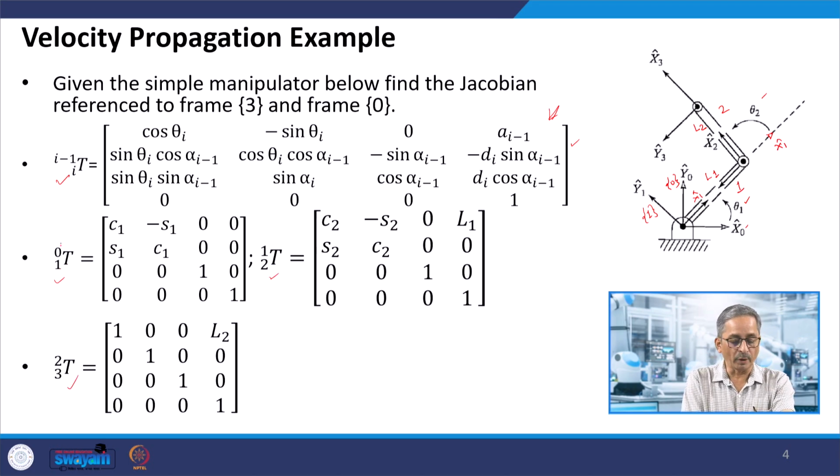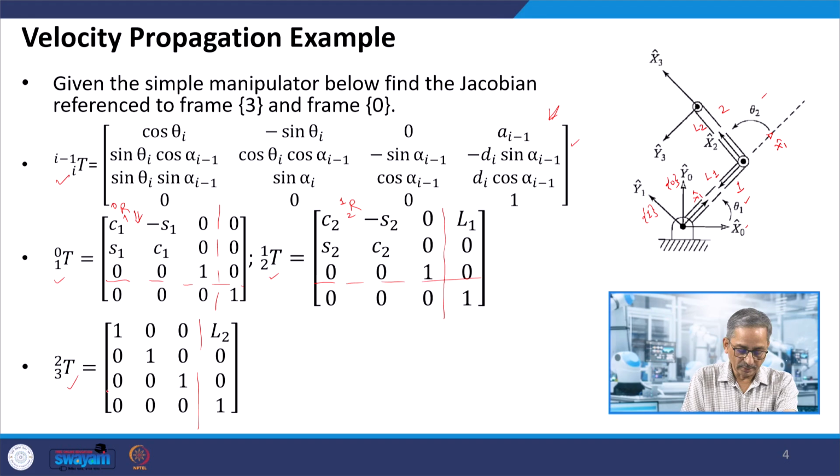The transformation matrix for frame 1 to frame 0 will be basically this 3 by 3 matrix, and it has this component. So this is basically R1 with respect to 0. Similarly, this part is R2 with respect to 1, and this part is R3 with respect to 2.